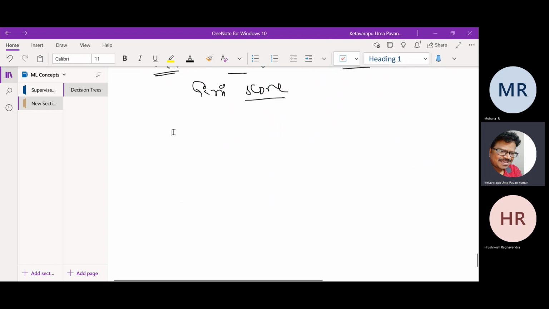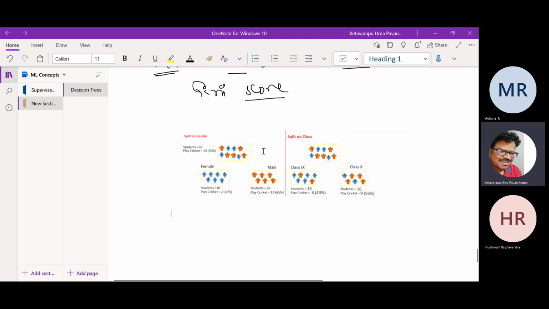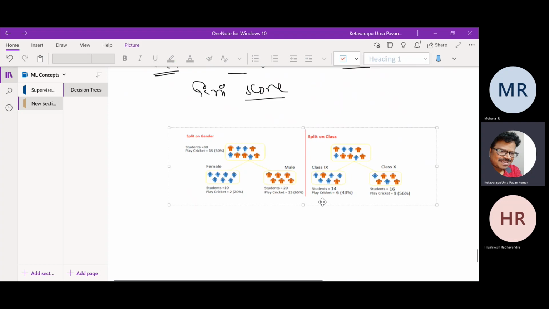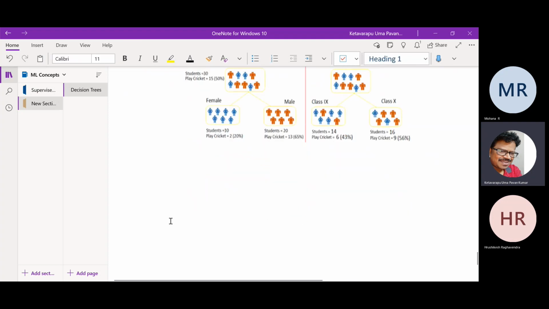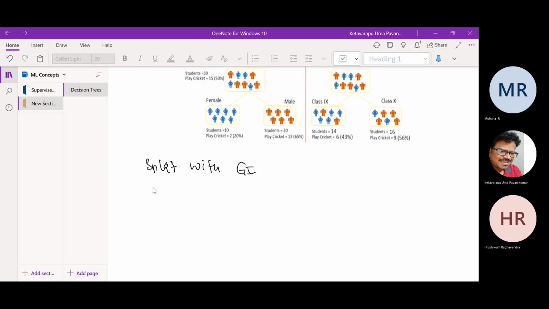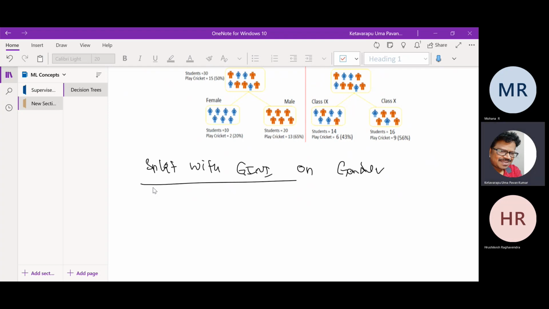Now again I'm pasting this diagram, guys, for clarity. Now let us try to implement. Hope all are with me. So if you are referencing this Gini, split based on the Gini, split with the Gini index on the gender column.